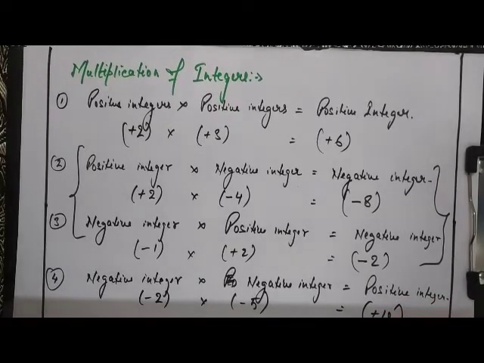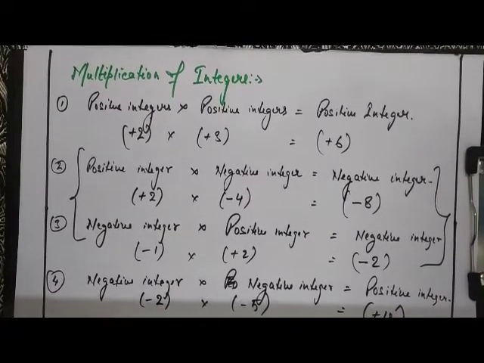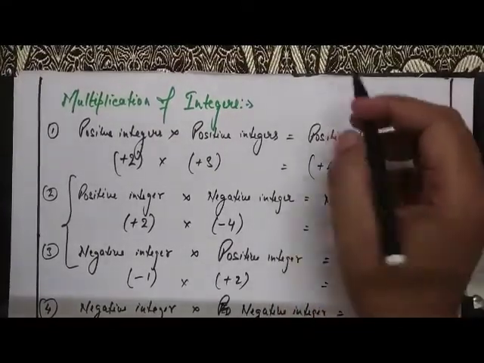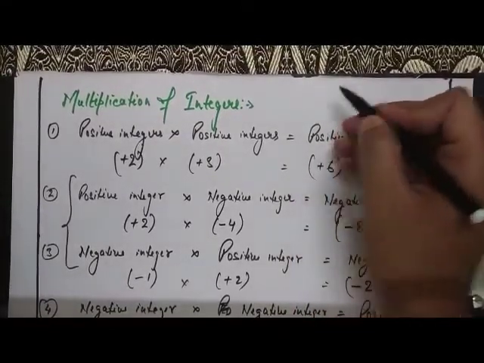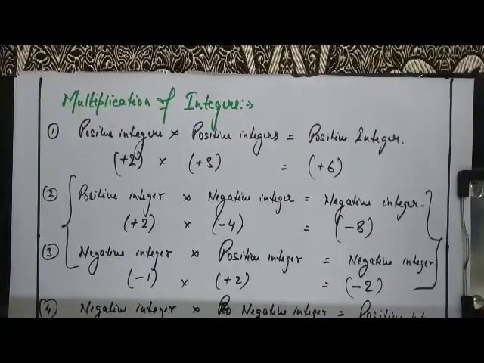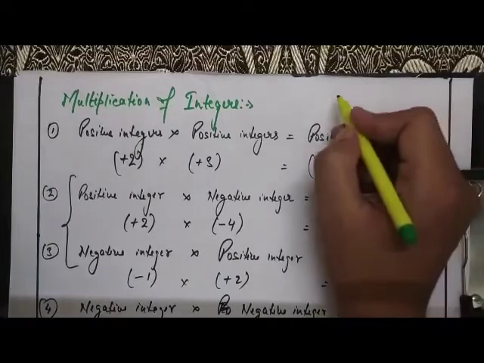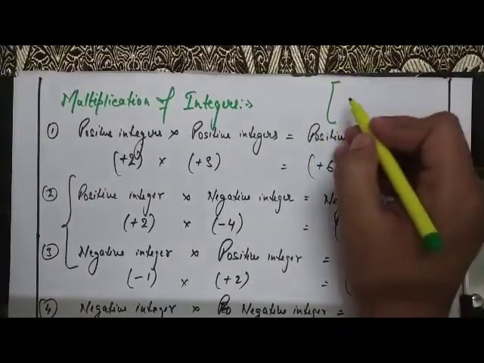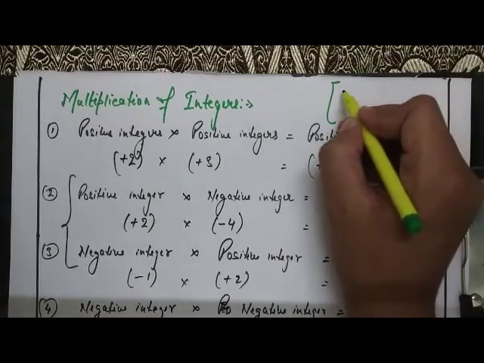It's very important. Before ending today's topic, I just want you to remember that there's a very important sign convention which you're supposed to learn, and it's very important in your algebra as well. This is called the sign convention or the multiplication of signs. Pay attention.